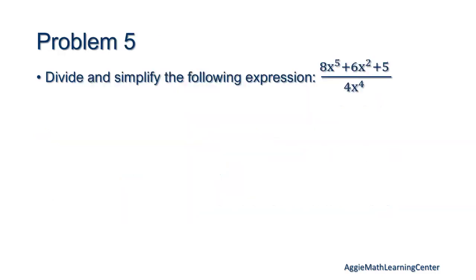Okay, so our problem here: divide and simplify the following expression. 8x to the 5th plus 6x squared plus 5, over 4x to the 4th. Our last slide gave us a hint, similar to long division with numbers. Any ideas on how we want to set this up? Or do we feel good just using the fraction form?